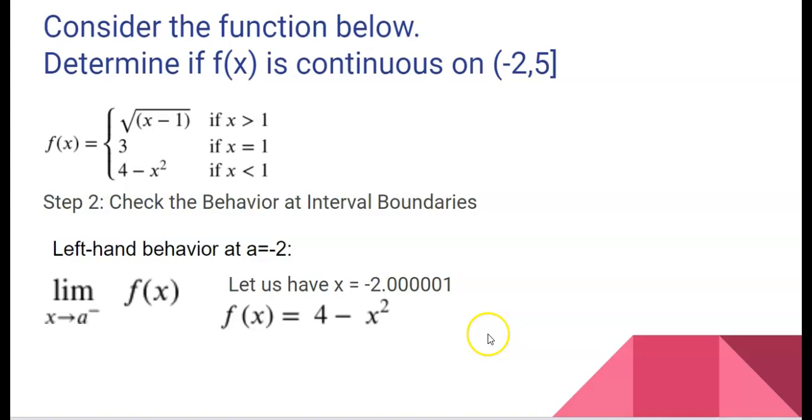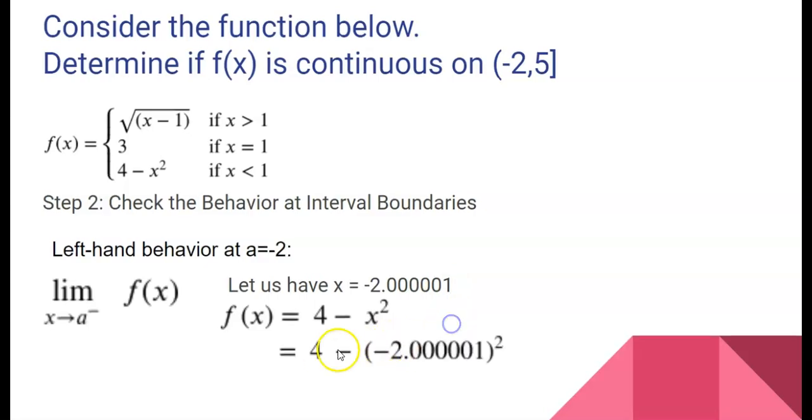So let's have x equal to negative 2.00001 and we do direct substitution, and the value of f of x is 0.0004001. So that is pretty much very close to 0, right? So we can see that the left-hand limit is approaching 0.